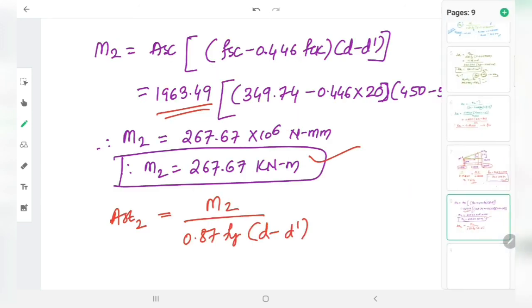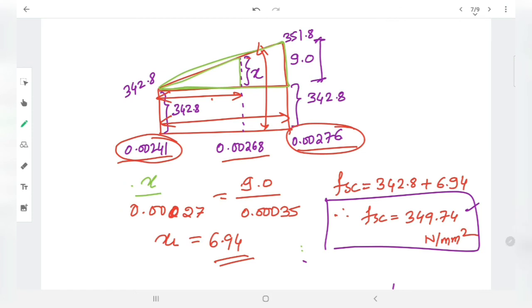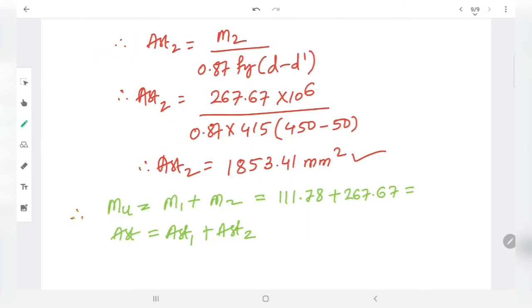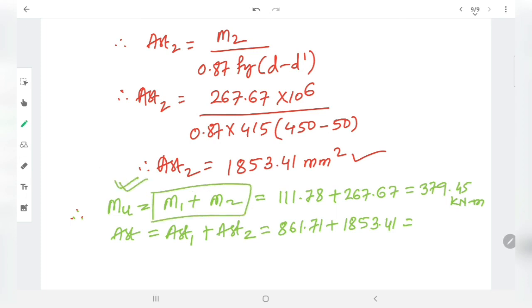And AST1 is equal to 861.71 plus AST2 is equal to 1853.41. When you add these, MU is equal to 379.45 kilonewton meter. This is the value of M1 and M2 together, that is nothing but the value of MU.